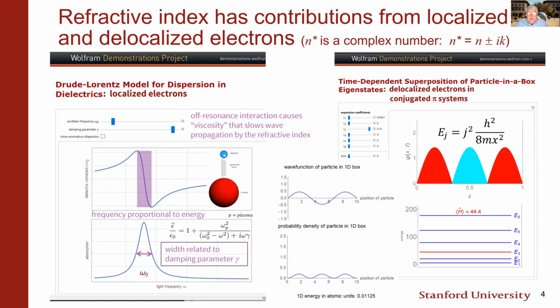And the more waves you have in the box, the higher the energy level. And so there's a well-known spacing of these energy levels that depends on the quantum number of the wave and the length of the box.